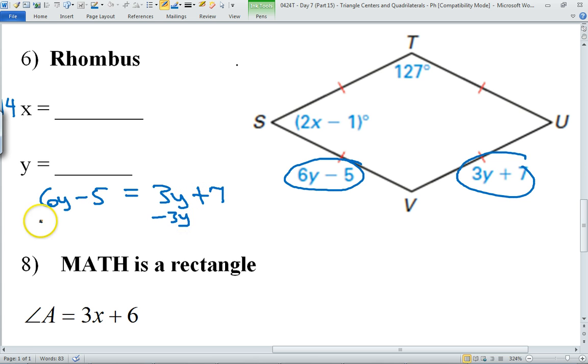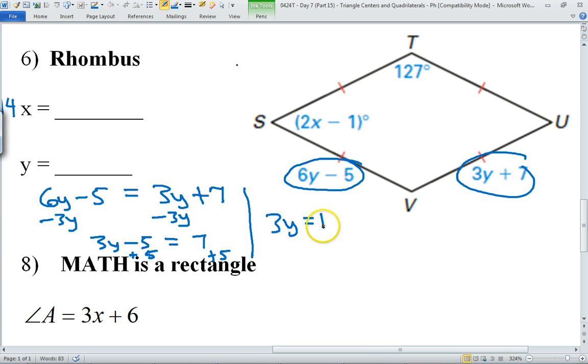Subtract the 3y from both sides, and that's going to give me 3y minus 5 equals 7. If I add 5 to both sides, I get 3y is equal to 12. Dividing both sides by 3 gives me y equals 4.